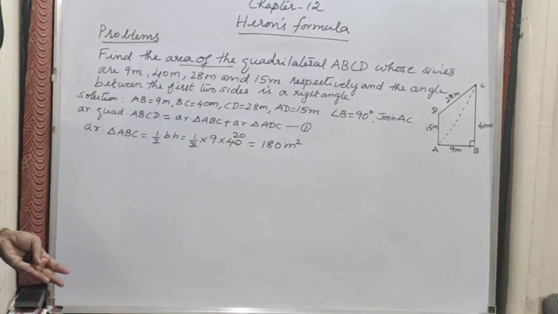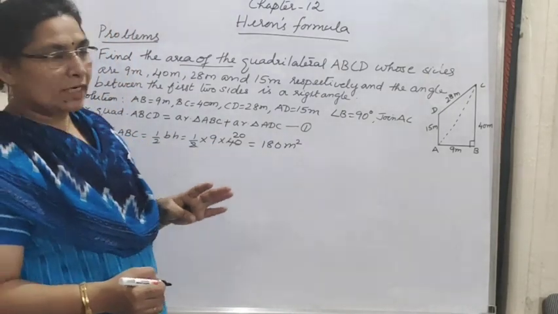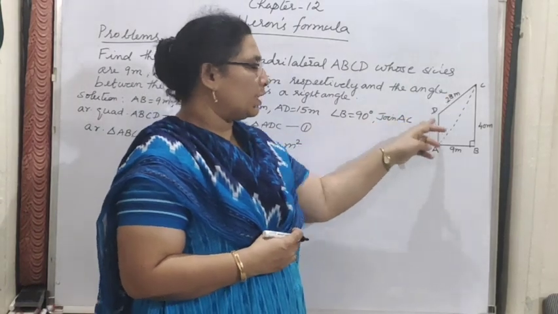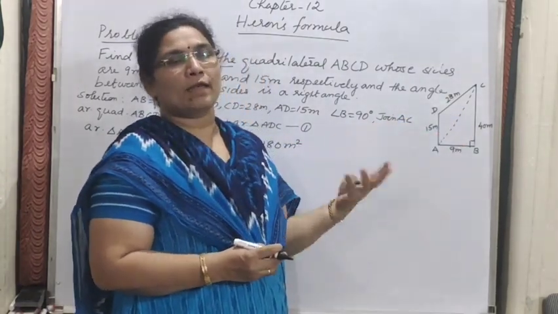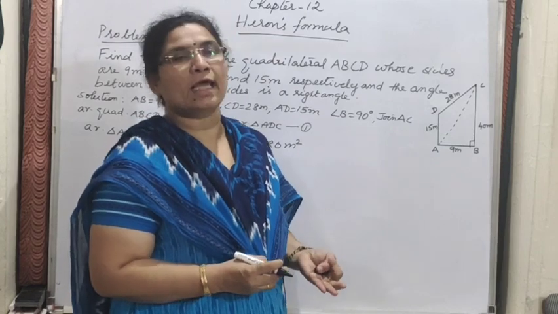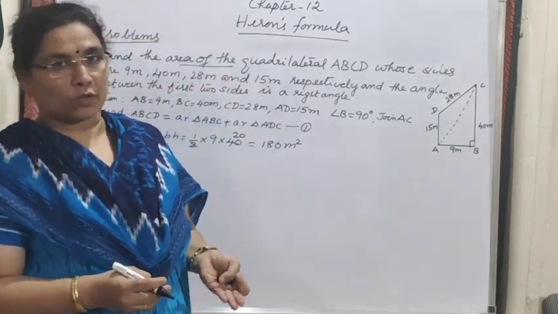Now for the second part, we have two sides already. What are the two sides? 28 and 15. If we are able to get AC, then we get three sides, and we can use Heron's formula.